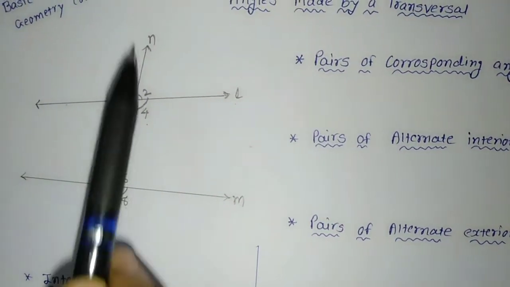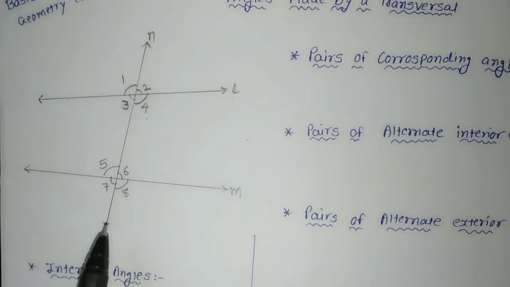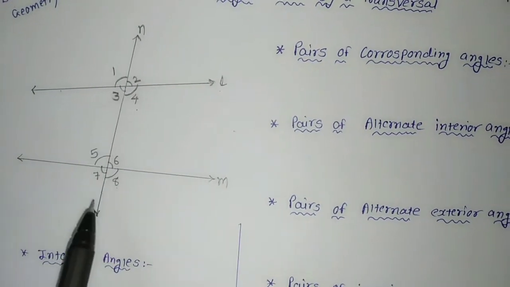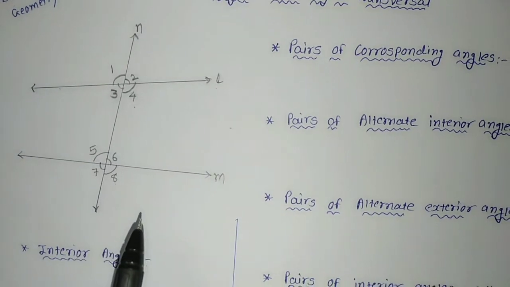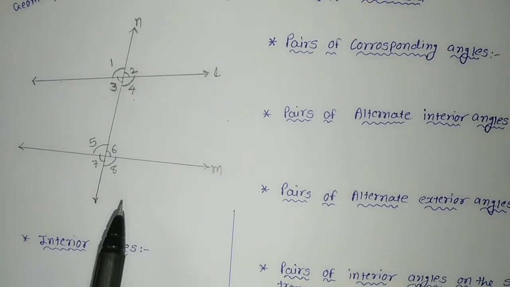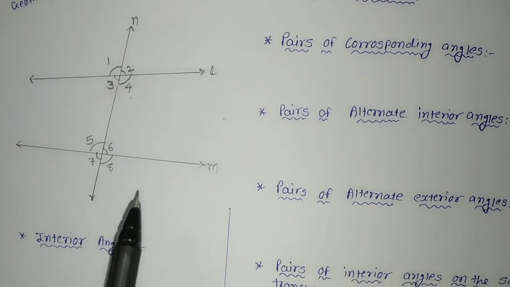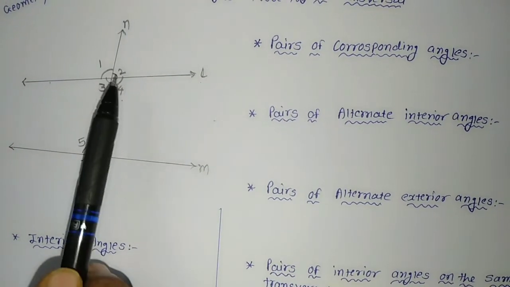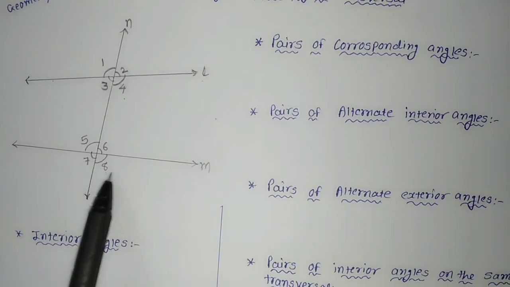That is two lines, and this line is considered a transversal to the lines. Where two lines are intersected by a single line, that is called a transversal. So here are the angles made by the transversal: angles 1, 2, 3, 4, 5, 6, 7 and 8.